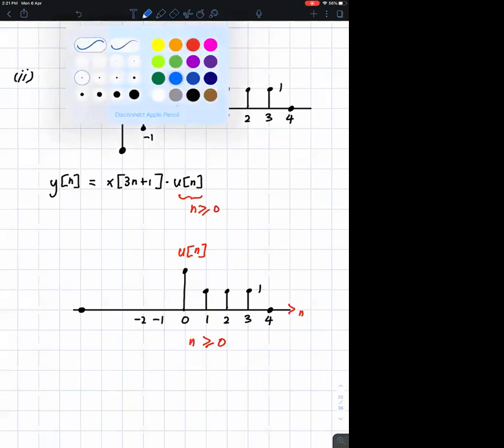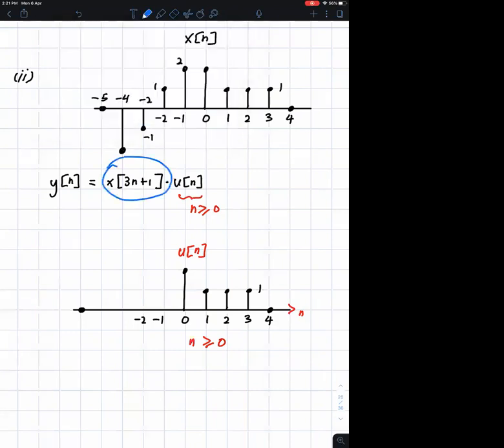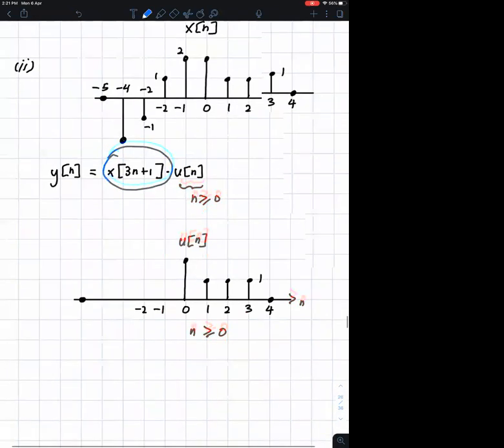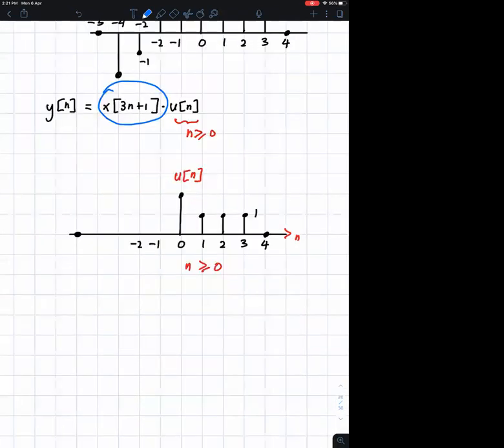Now you look at this part here. Now you start evaluating, since you know your signal only exists for n greater than or equal to 0.